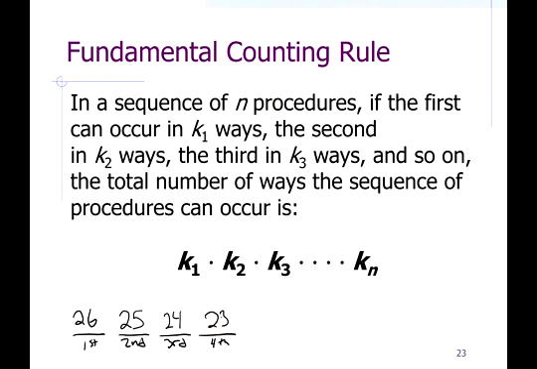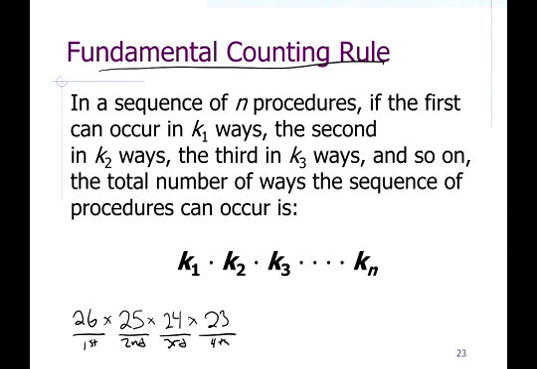And so that's what the fundamental counting rule is saying. Just the number of ways each step in the procedure can be done, and then we multiply those numbers together. So in this case, 26 times 25 times 24 times 23. That's how many different passwords there would be with no repeated letters.